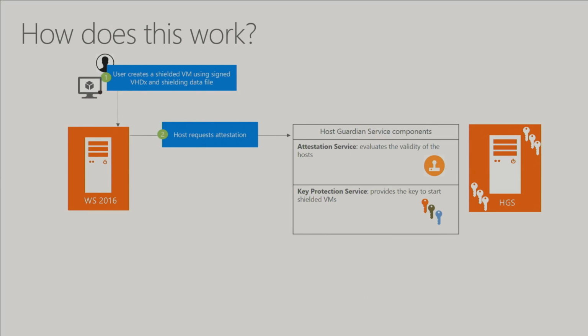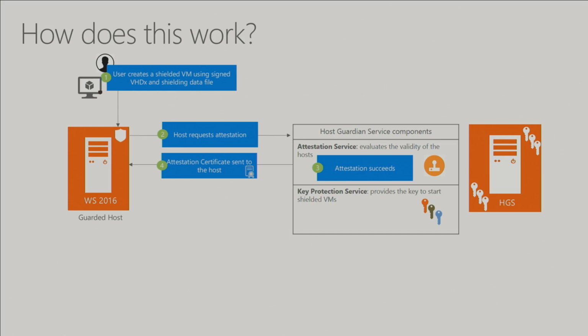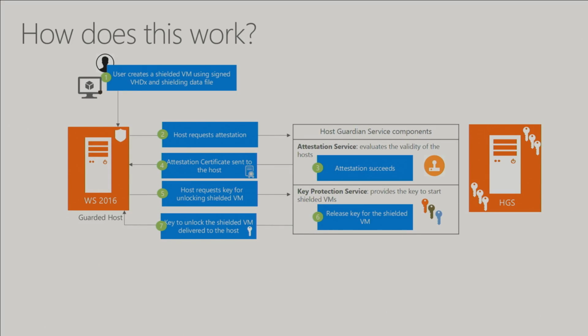So this service, Host Guardian Service, is a trusted subsystem. And this is what says, OK, this host, I'm going to measure it. I'm going to attest it if it is OK for that host to start the VM. So the host says, OK, please attest me, and gets back the certificate. And now the host says, OK, I have this shielded VM I need to start. Give me the keys so that I can decrypt and start the shielded VM.